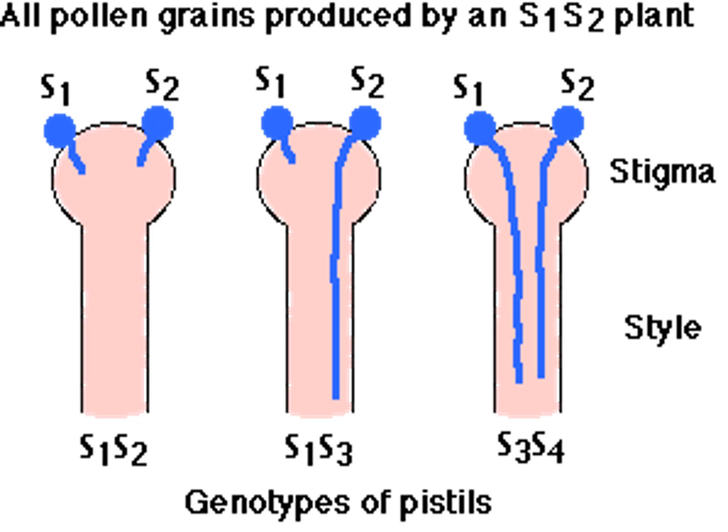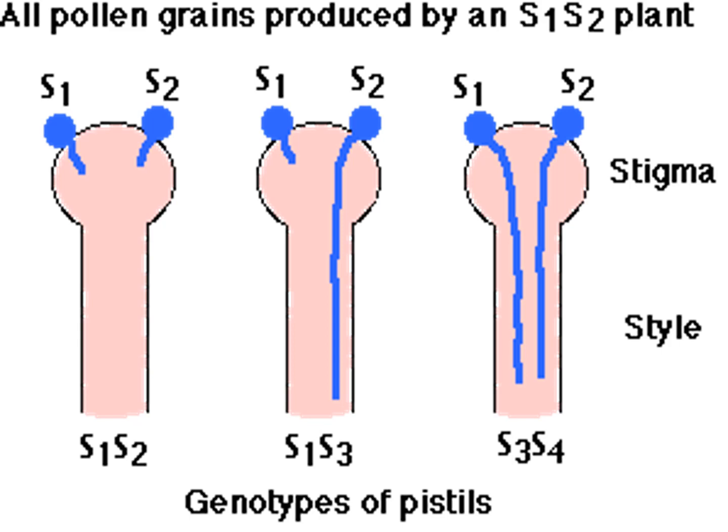So the pollens that are coming are S1, S2 for all the stigma and the styles. Now, in the first case on the left, the style that has S1, S2, no growth for the pollens. The one that has S1, S3, only S2 grows and makes fertilization.